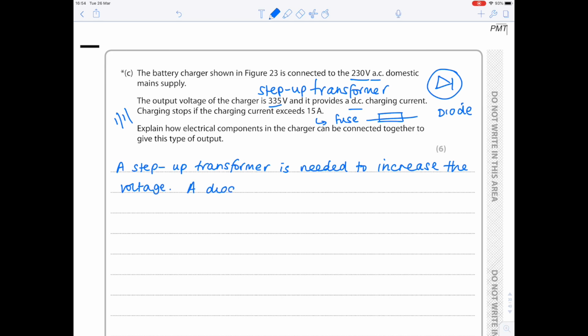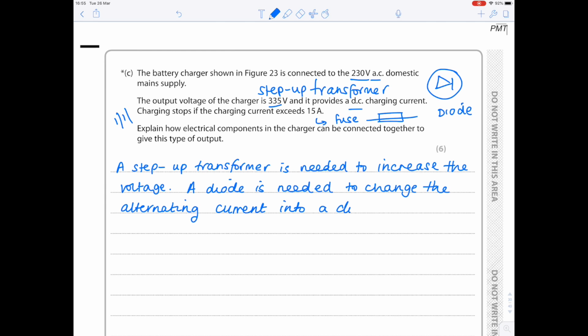A diode is needed to change the current from an alternating current to a direct current. The charging current can be limited to 15 amps using a fuse.